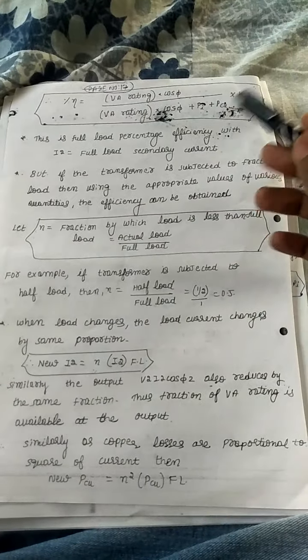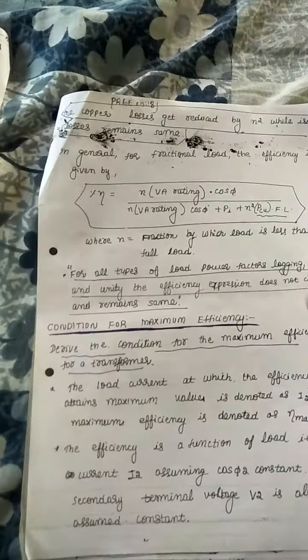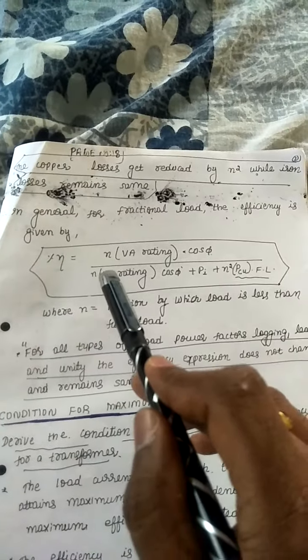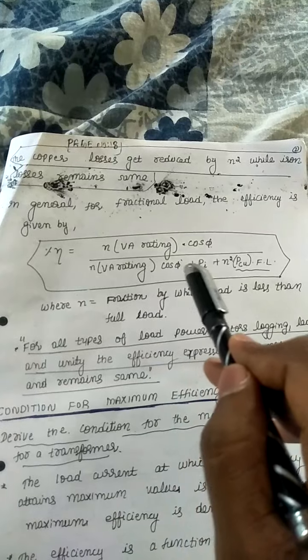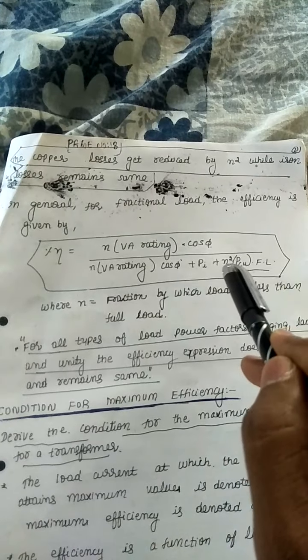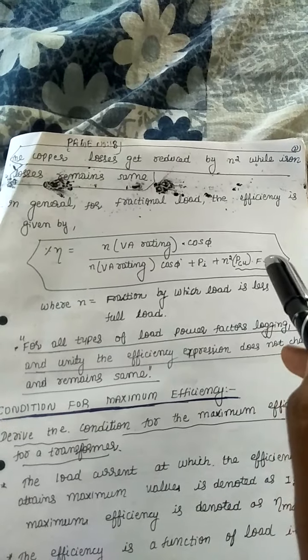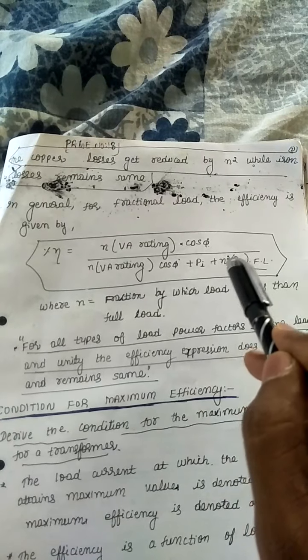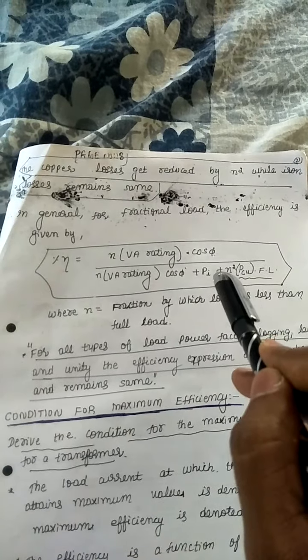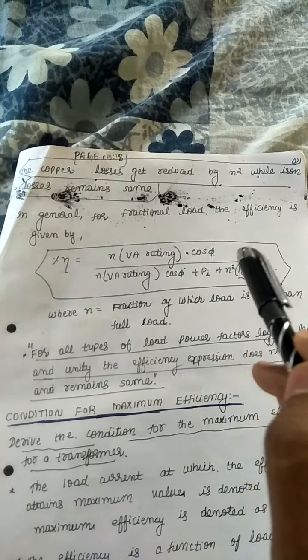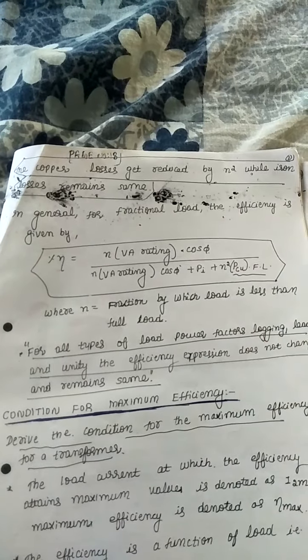Therefore for this expression I can write efficiency as n VA rating cos phi divided by n VA rating cos phi plus Pi plus, in place of Pcu, n squared Pcu, where n is the fractional load, with the square of the fractional load multiplying the copper losses. Iron losses remain the same irrespective of the load.